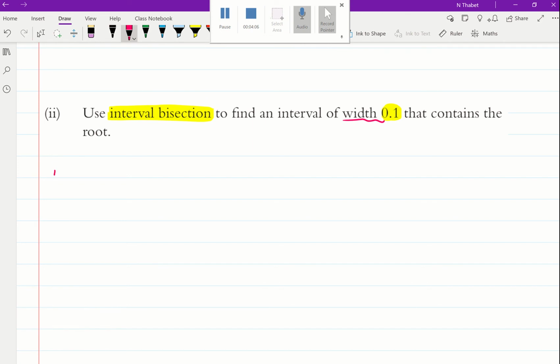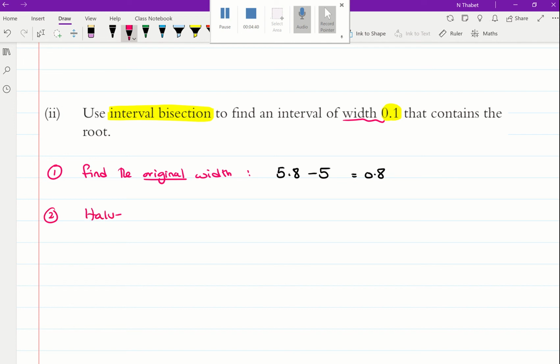So the first thing you're going to do is find the original interval's width. So that's 5.8 minus 5, which is 0.8. You get that width and you bisect it, you halve it.